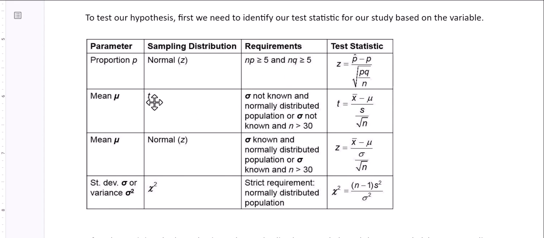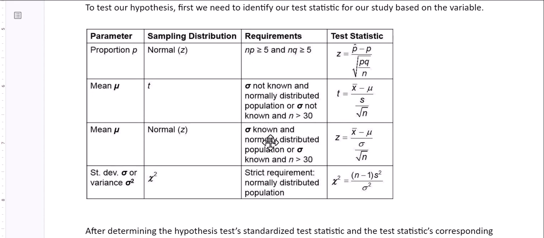So how do we know if I use the t-distribution versus the normal distribution? Just as we did with confidence intervals, that has to do with whether we know the population standard deviation or not. When we know it, we use the z-scores, and when we don't know our population standard deviation, then we use the t-scores.